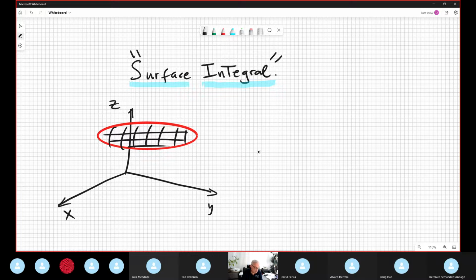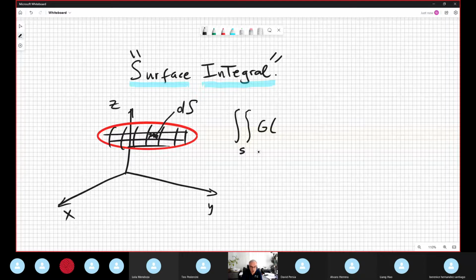Okay, and as always, we chop this into infinitesimal dS. Infinitesimal capital dS is area. Now, we are doing the Riemann sum. The definition of this new integral, the surface integral, is you take the function g. Who is g? G is the density.